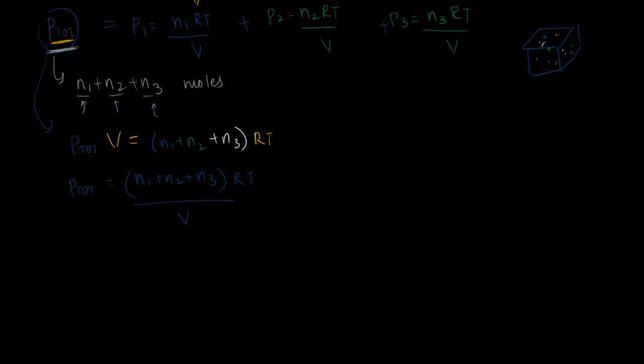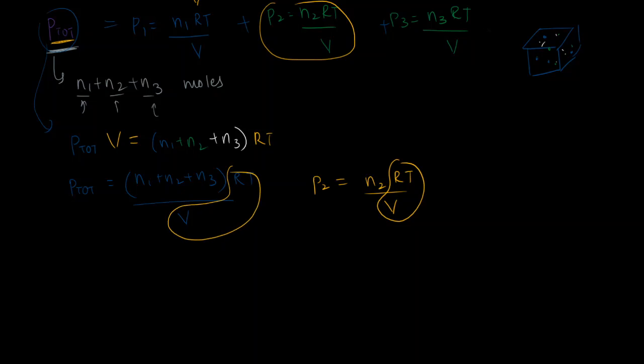Now, what we can get from here is that if you take an individual gas, P2, and put its equation against this one, you see that the RT by V term is common. The only difference is on the right hand side: there is the sum of moles on one hand, and the individual number of moles on the other.